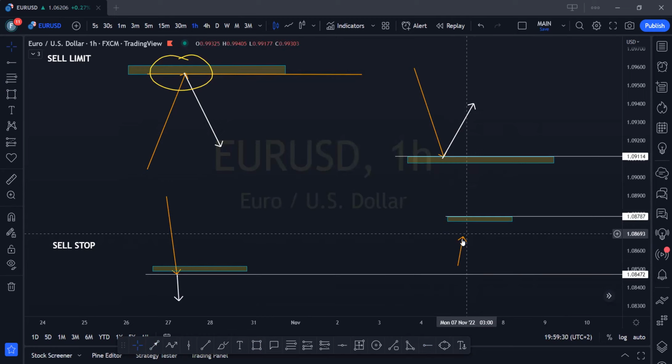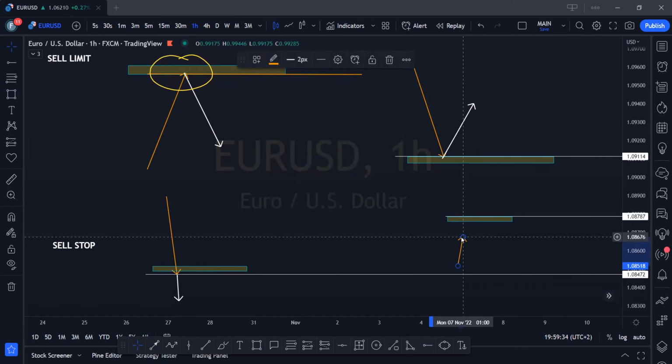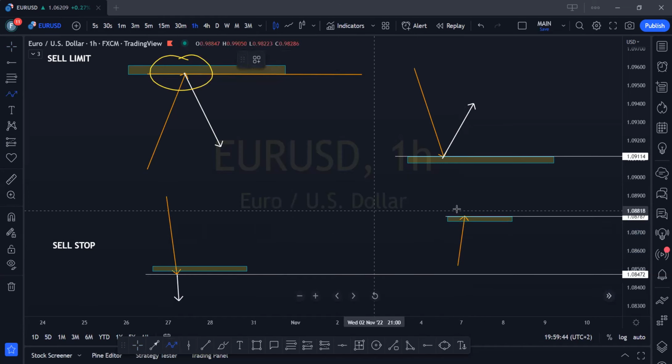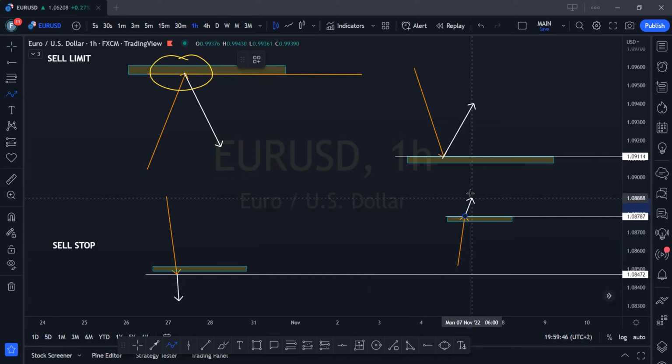So you want to continue the buy move. That's when you use a buy stop. So when price touches the price point that you set, immediately you'll be triggered into the trade for a buy. All right, it's as simple as that.